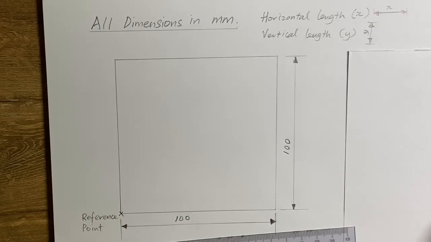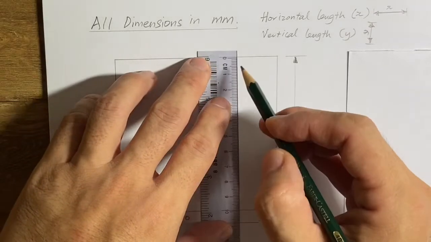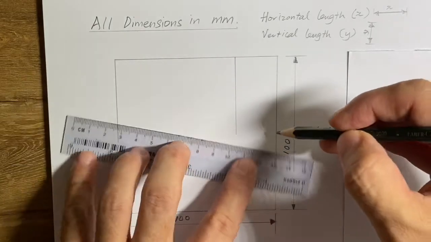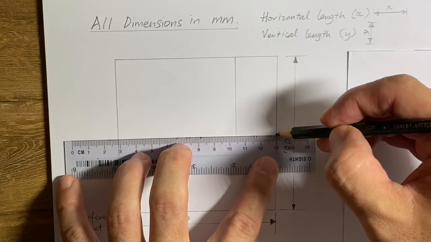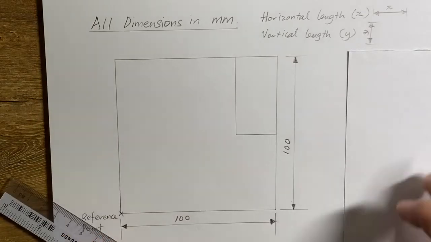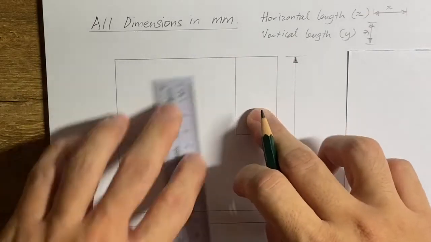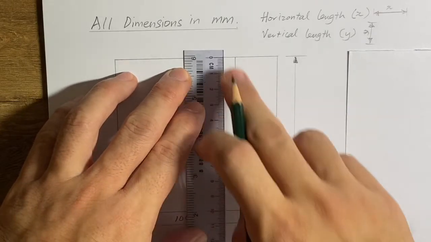Now if we have a small rectangle within that square, and we might need to reference it against this reference point. Say for example, I have a rectangle there, and I would like to know the dimension of this rectangle. So just the dimension itself, that's pretty straightforward.